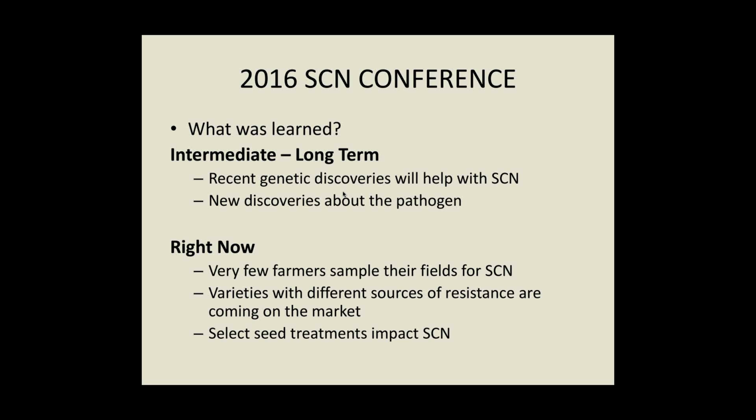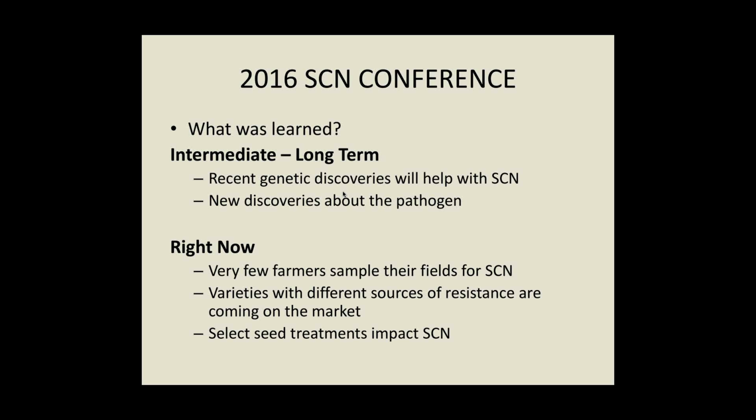But there's been a lot of recent genetic discoveries, and when I say genetic discoveries, both in the plant in terms of the host resistance, but also the genes for virulence in the pathogen that we didn't know until just recently. So those are going to be able to be targeted and used going forward to help develop better resistant varieties.